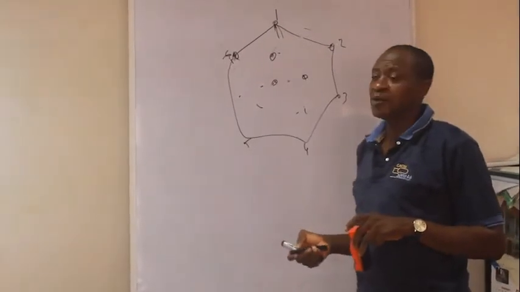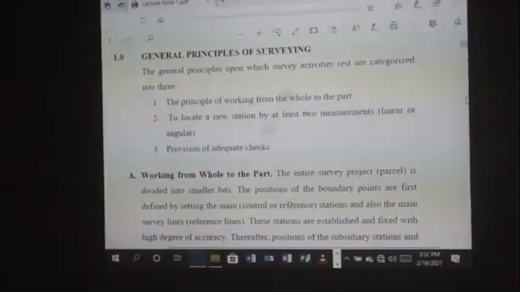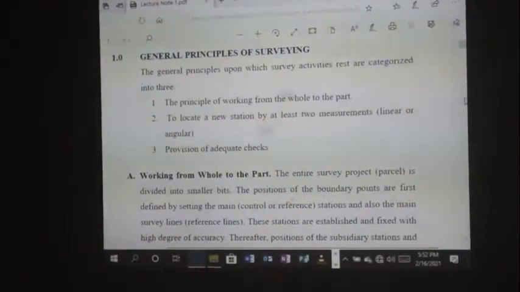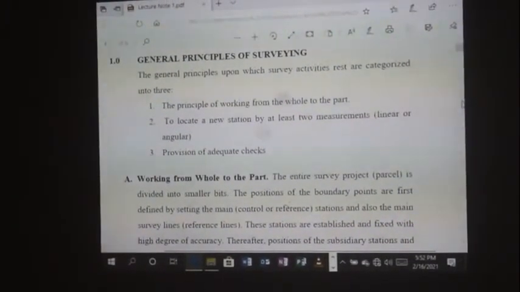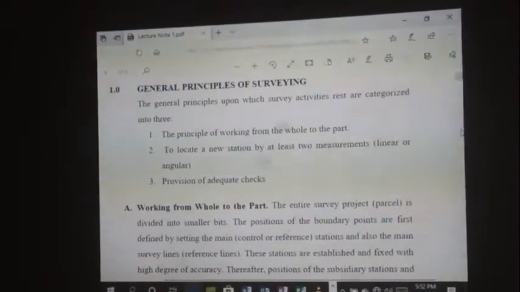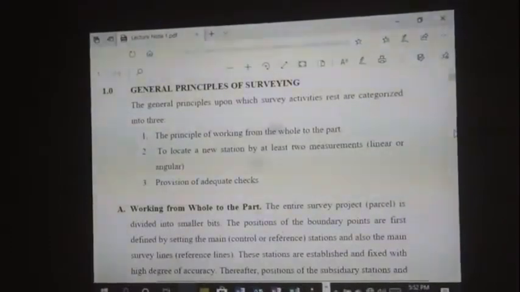Now let's go to the second point. The second one is to locate a new station by at least 2 measurements, linear or angular measurements. In surveying, if you want to determine any location, minimum of 2 measurements are required.